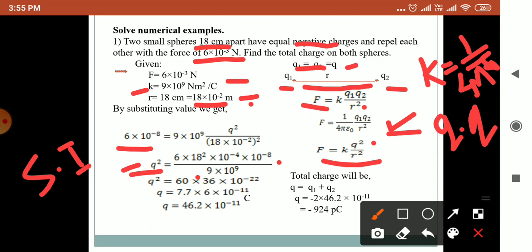So by putting all those values, this 10 raised to minus 21 we can convert into minus 22 by putting 1 0 at 6, so it becomes 60. So this Q is equal to square root of 60 into square root of 36, it will be 6 into 10 raised to minus 22.